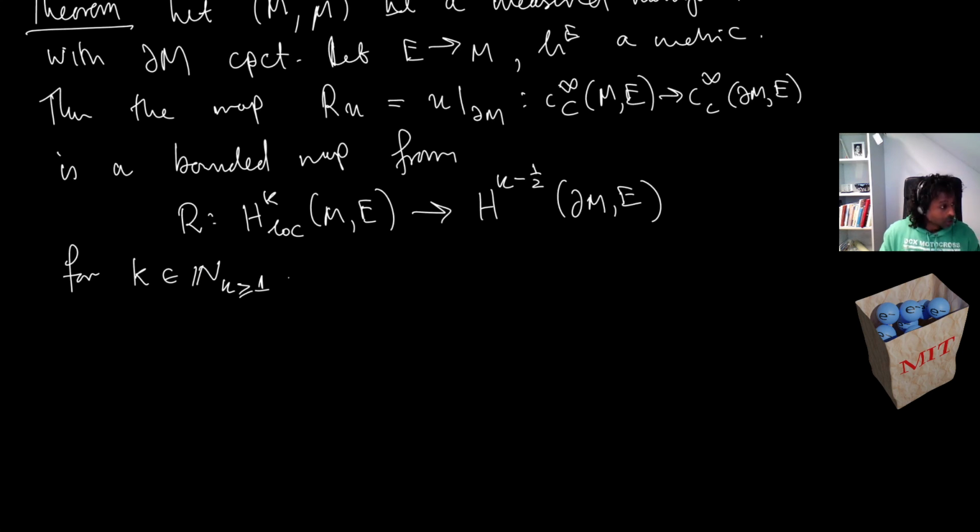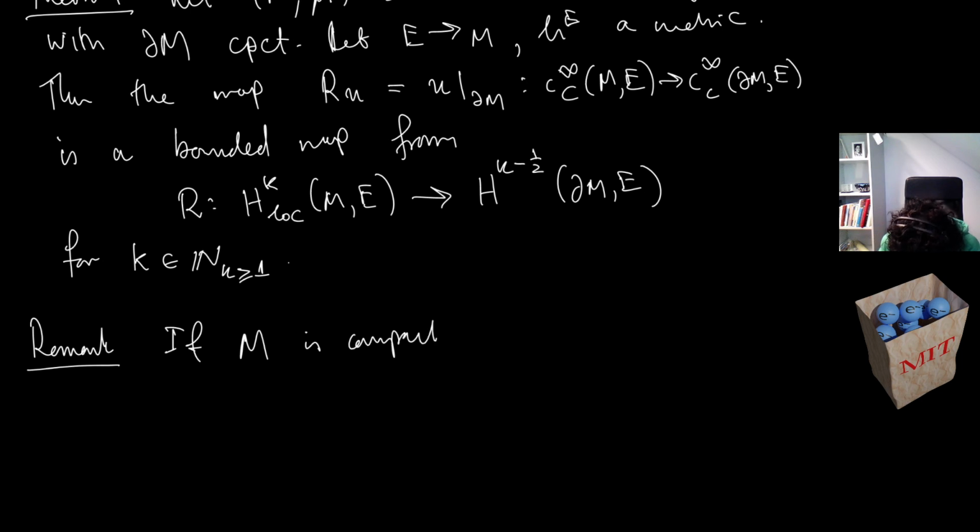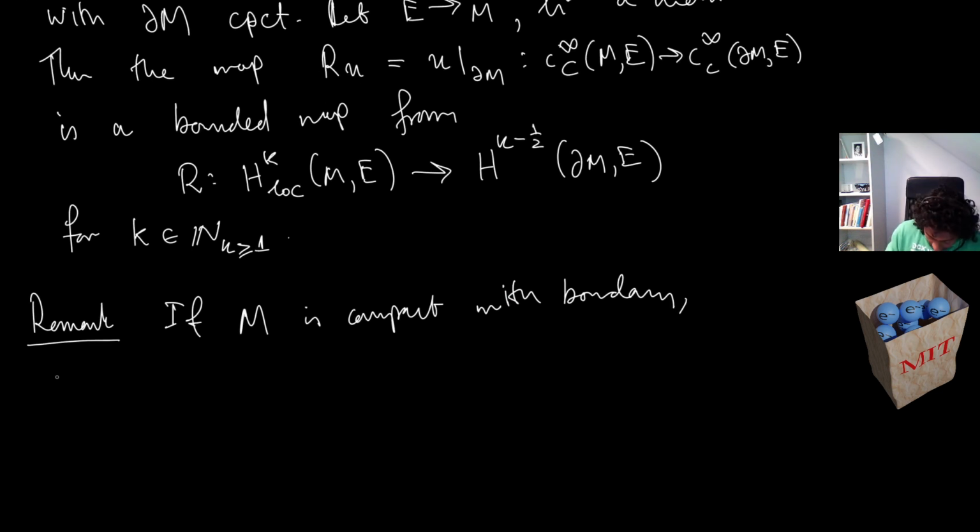Okay, so now I want to make another remark. So if M is compact, so it's compact with boundary, we can assert, so remember in the compact case, we have the H^alpha spaces and the H^alpha_0 spaces.